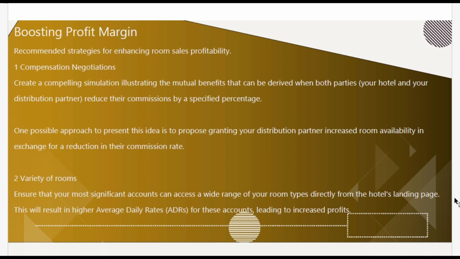And to be honest, I have done this with one of the chain hotels and with one of the biggest OTAs. So this is possible. You just have to convey the message. You have to have a discussion, make them understand, and this can work.